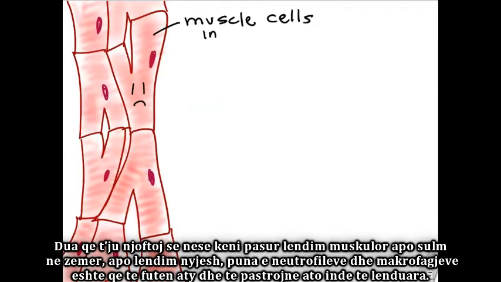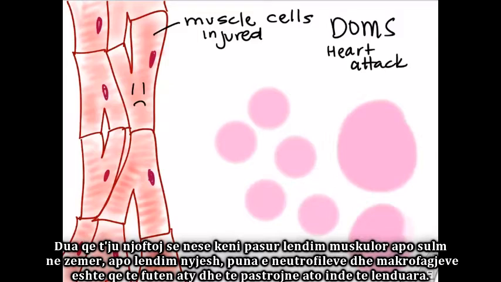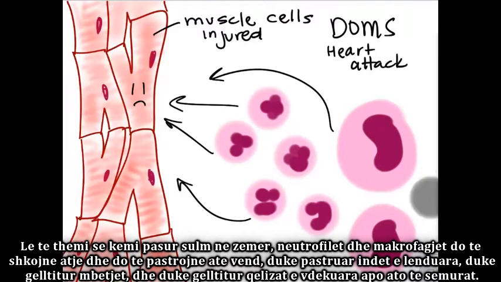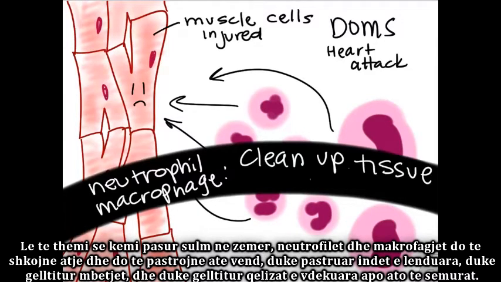I just wanted to note that if you ever have a muscle injury or a heart attack or a joint injury, the job of neutrophils and macrophages is to go in and clean up that tissue injury. So let's say you had a heart attack. Neutrophils and macrophages would go in there and clean up the mess by ingesting the debris, ingesting sick or dying cells.